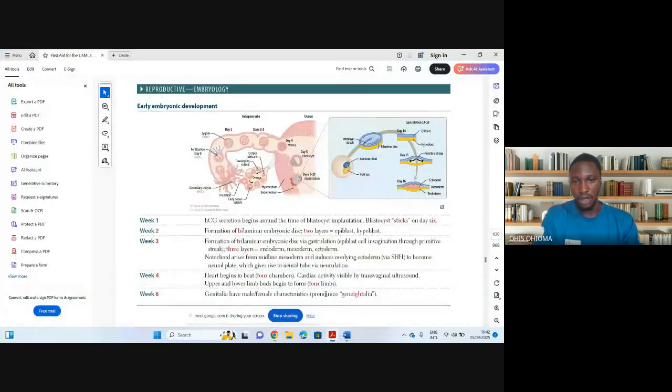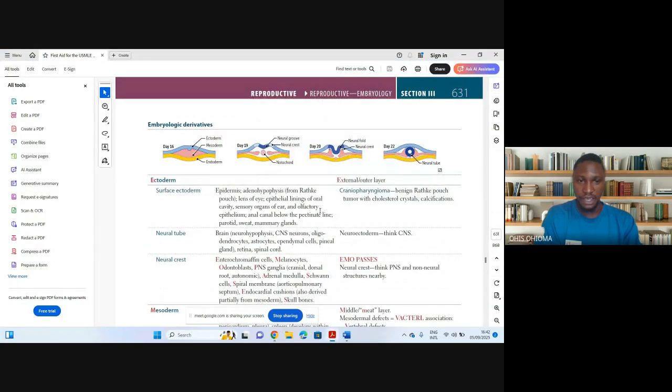Okay, so the next thing we're going to talk about is everything I was just saying right now. You can see that the neuroectoderm is here, this is the mesoderm, and then the notochord comes in and tells these cells to thicken, and then it thickens and forms the tube. This now becomes the neuroectoderm cells.